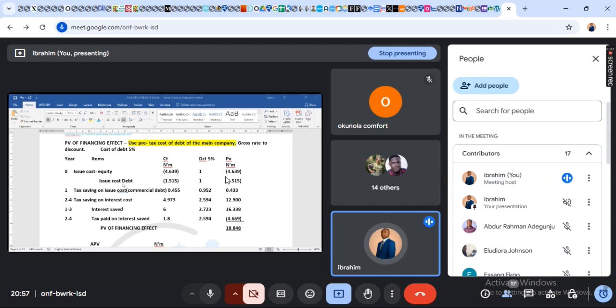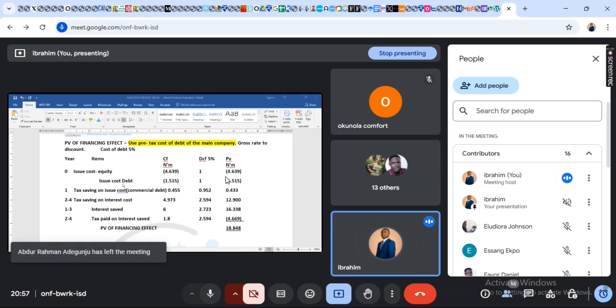You have a subsidized rate of 3% and a commercial rate of 5%. Both of them are costs, so which one will you use? You use the commercial rate. That is why we use the commercial rate of 5%.